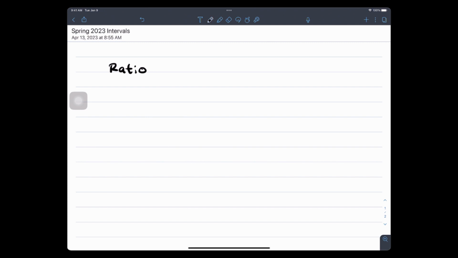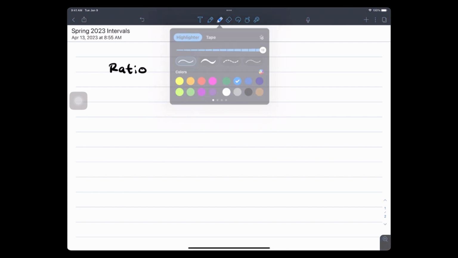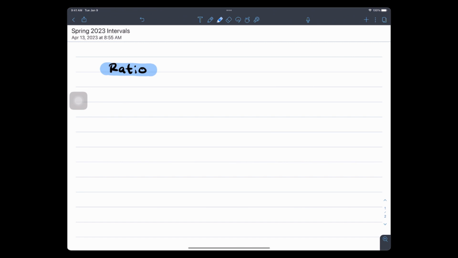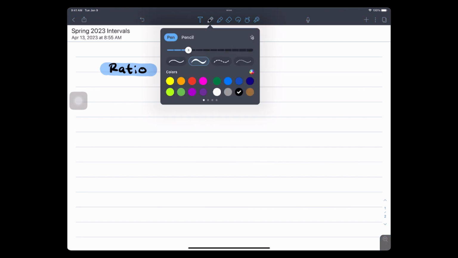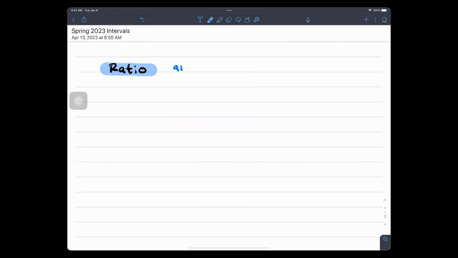What's a ratio? Because a ratio is also known as a rate. So this is AKA a rate. But it's also a relationship between two quantities.